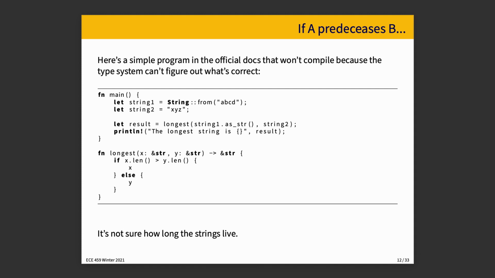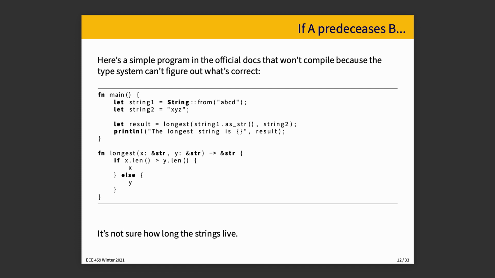Now, there's no specific restriction on which references it could be. We know by doing full program analysis, ourselves, manually looking at it with our eyes, we can see that, all right, we know that longest is only called in one place and only with two particular arguments, and therefore there's really no concern. But the compiler doesn't do that.